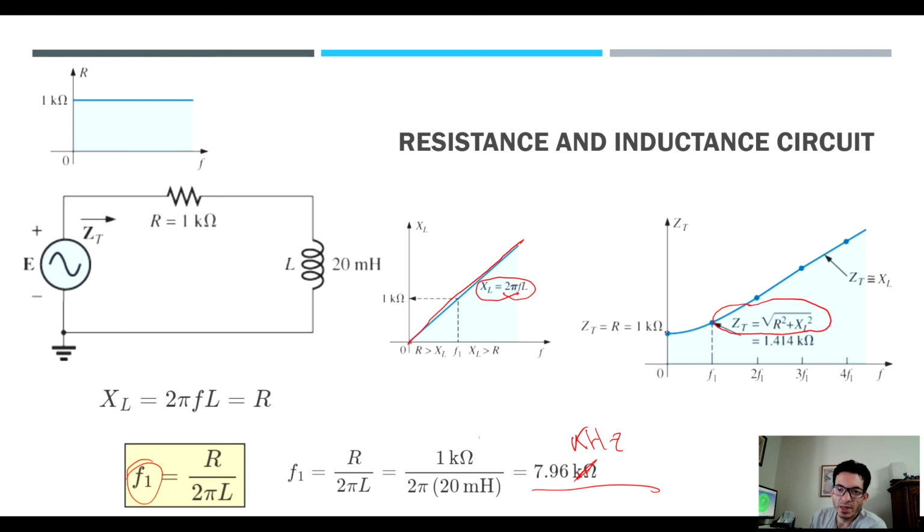Then the graph is going to be increasing in reactance, which is the opposite of the RC circuit, resistor capacitor. The RL circuit is going to increase the reactance because of the contribution of the inductor. Notice that the inductor increases reactance when frequency increases.